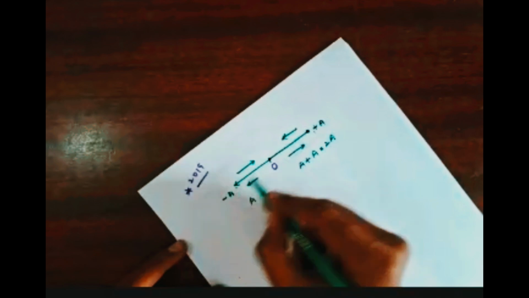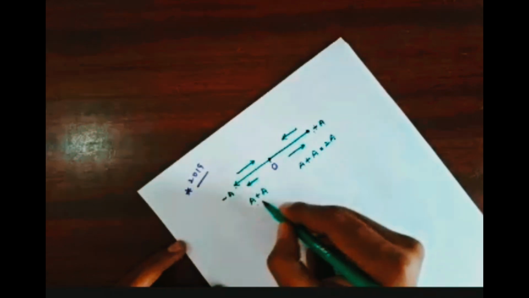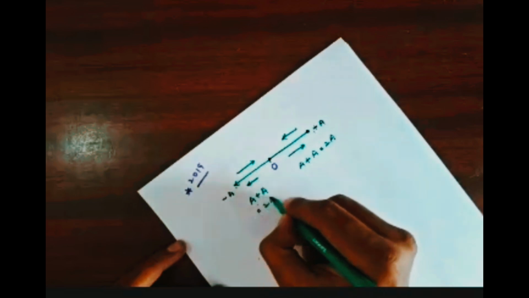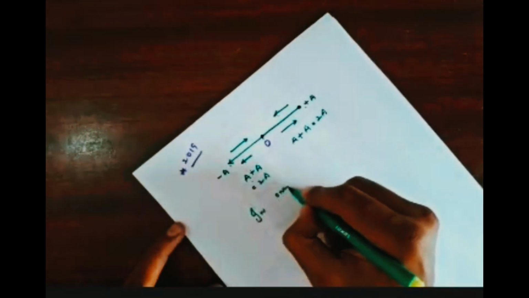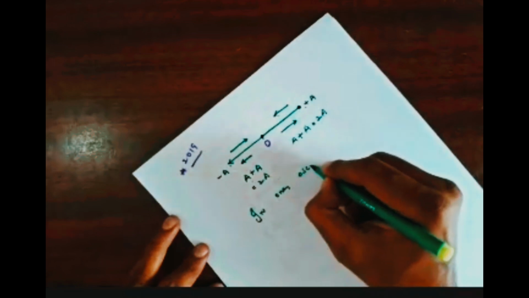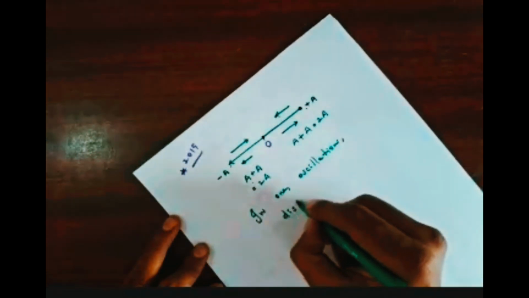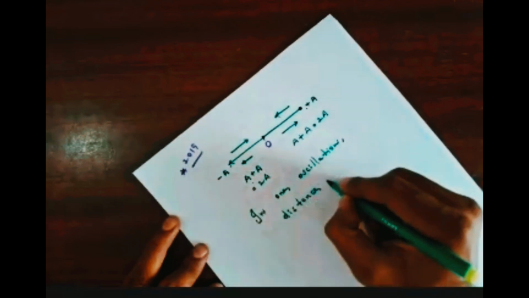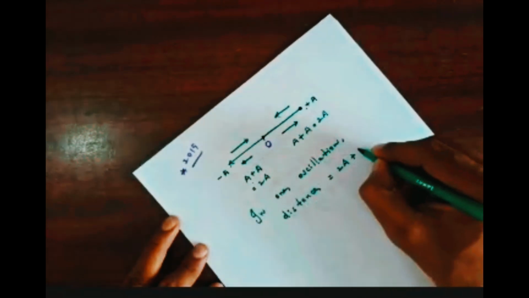From extreme position to the mean position again, the same distance, A plus A, 2A. So in one oscillation, what is the total distance traveled by the particle? The distance traveled is 2A plus 2A, equal to 4A.